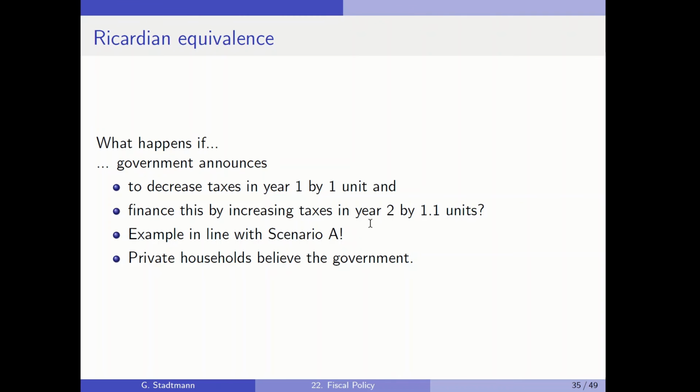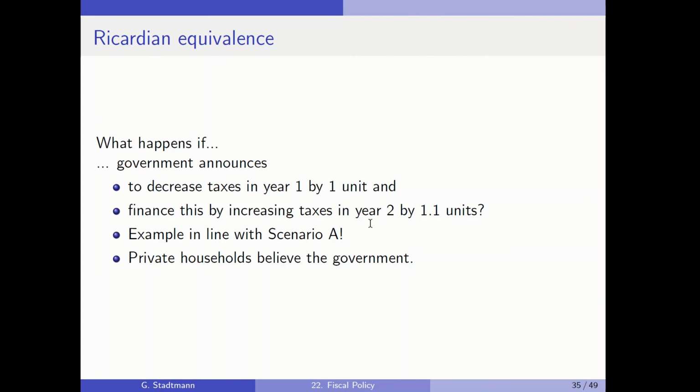How would a household react in this situation? In year 1, they suddenly have to pay lower taxes, but they also know that in the next year they have to pay higher taxes.